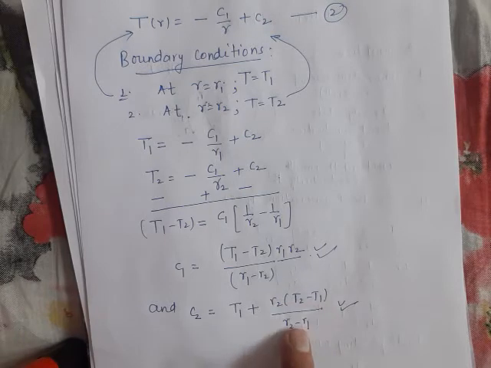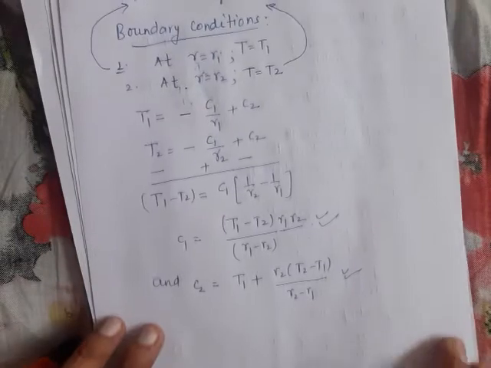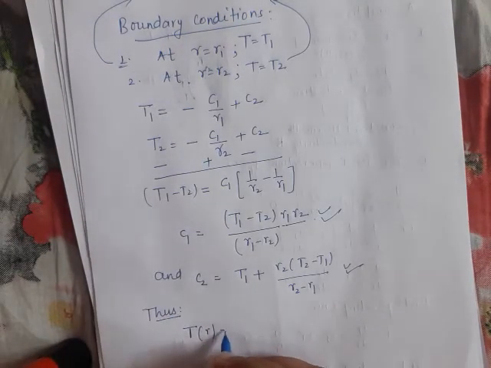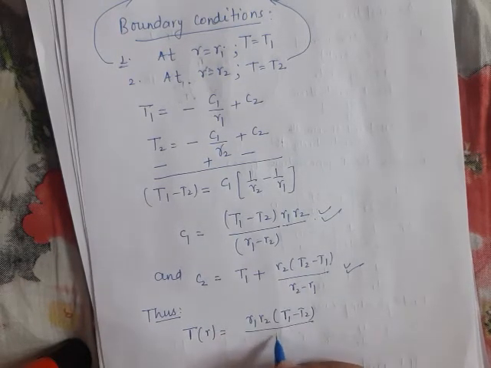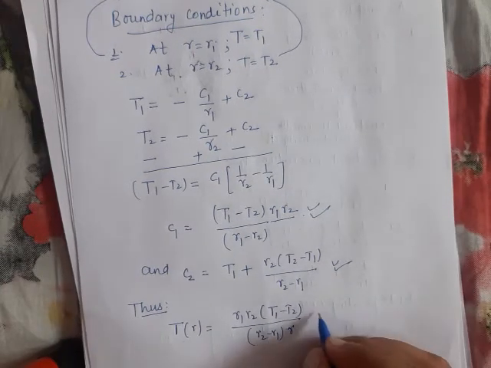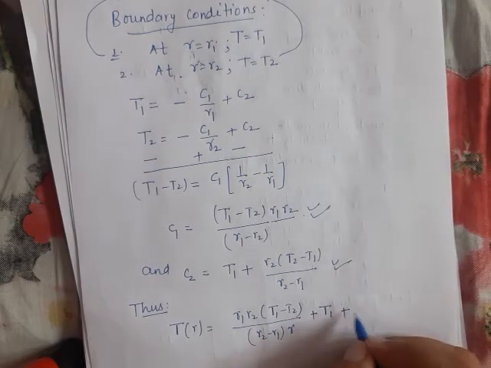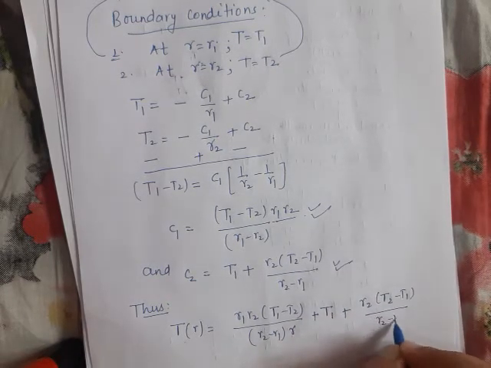Now putting the values of C1 and C2 in the equation above, the temperature distribution equation becomes T as a function of r equals R1 R2 (T1 minus T2) divided by (R2 minus R1) multiplied by 1/r, plus T1 plus R2 (T2 minus T1) upon R2 minus R1.